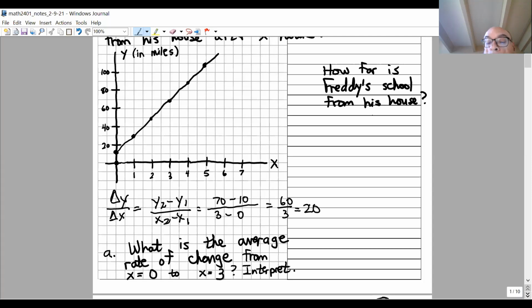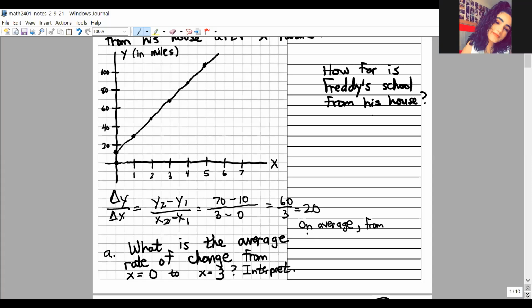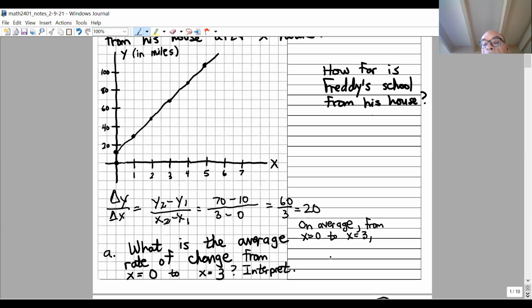Now, if you want to interpret this average rate of change, if we follow the recipe that I have been emphasizing, we would say on average, from x equals 0 to x equals 3, the distance, which is y, increased, because this number is positive.